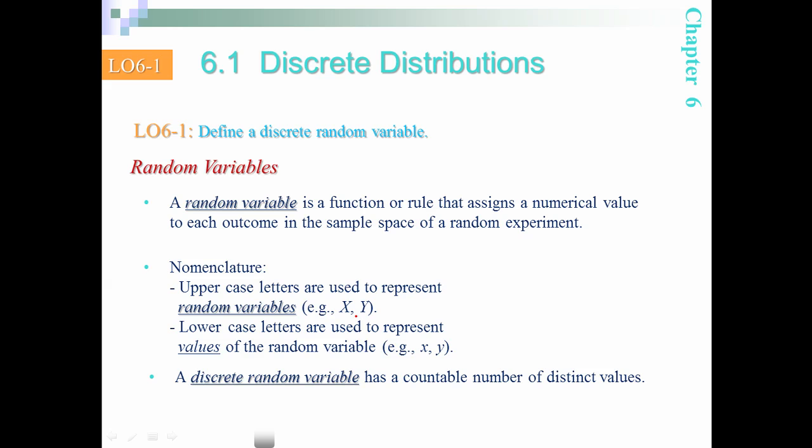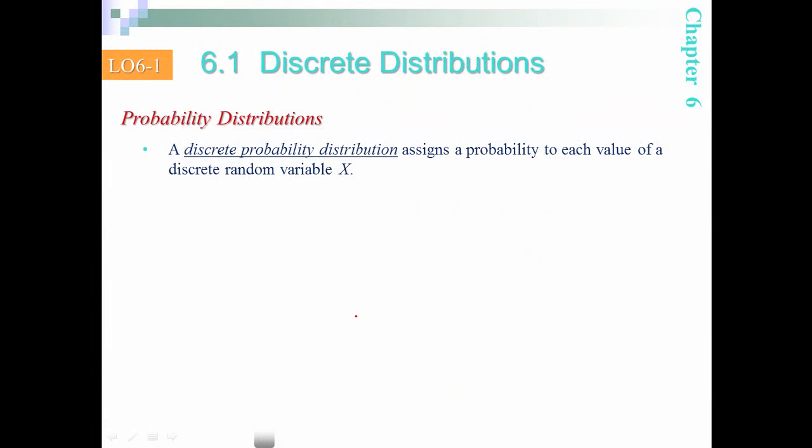If you think back to Chapter 5, where we talked about probability, and we talked about rolling a six-sided die, and we said that was a discrete sample space. Well, now we're talking about how do you assign numbers to the elements of the sample space. It turns out we do that by using what's called a probability distribution.